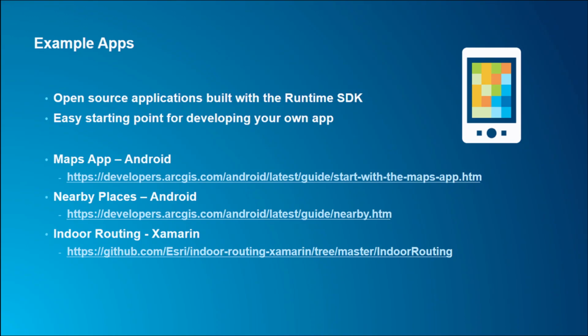There's a mapping app that has search and geocoding, that's in Android. There's a nearby places, I think that's also an Android application. And just recently we released, last week I believe, something called an indoor routing app, and that's written in Xamarin. So I think it spans the iOS and Android space.